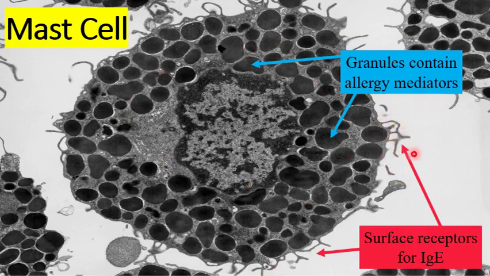This is the receptor for IgE. So mast cell contains inside the cell numerous granules which contain allergy mediators, and on its surface it contains a receptor for the IgE antibody.